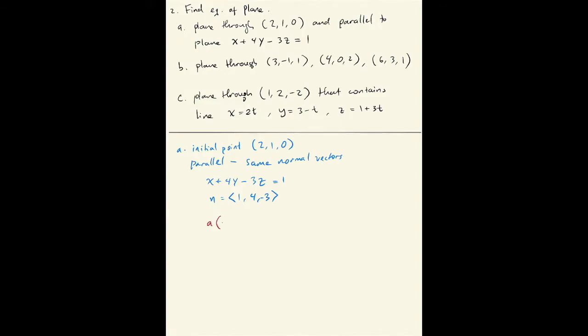So A(x minus x0) plus B(y minus y0) plus C(z minus z0). In this case, the initial point is 2, 1, 0. The A from the normal vector is 1, so I'm just writing 1. (x minus 2) plus 4(y minus 1) plus minus 3z, get 0.